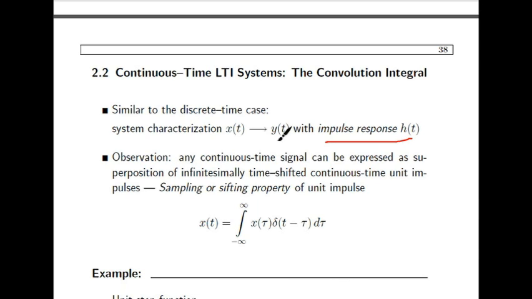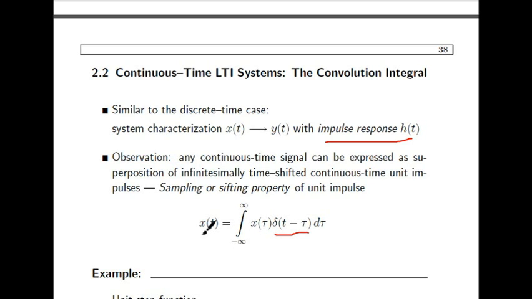Okay, so this is the observation that any continuous time signal can also be represented as a superposition of infinitesimal, which is very small, time shifted continuous time unit impulses. So this is a unit impulse which is time shifted, and their summation, which is integration in this case, can represent any signal.